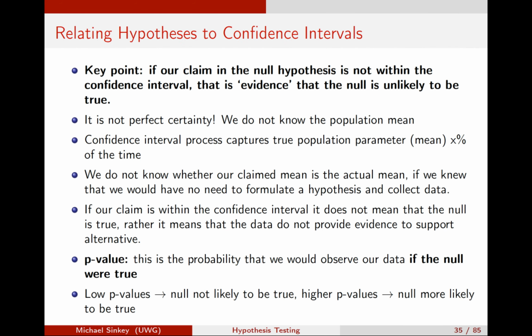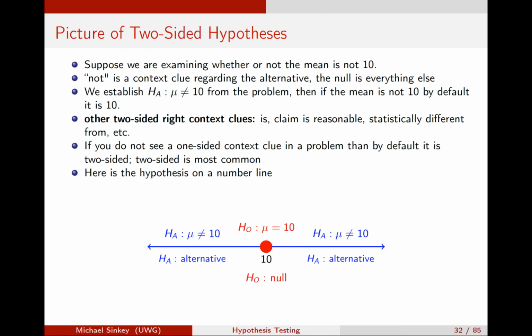Let's relate hypotheses to confidence intervals. I think the big picture here is, let's go back to these pictures over here. If I draw a confidence interval around some area out here and I don't capture the red dot, I should think, goodness, is the red dot really a reasonable approximation for the population mean?